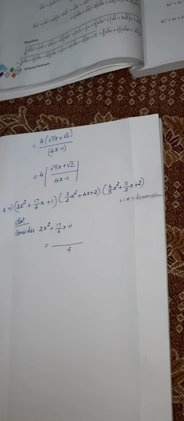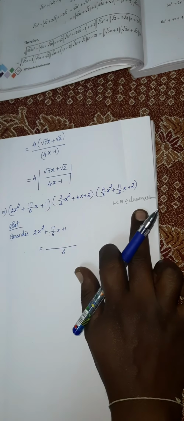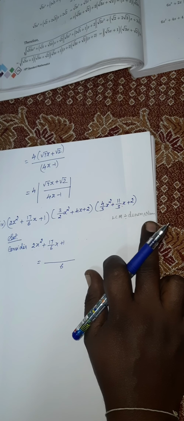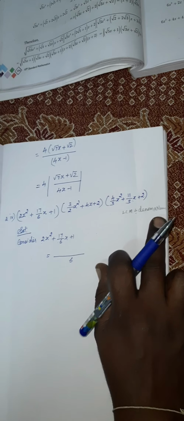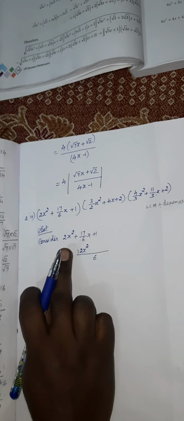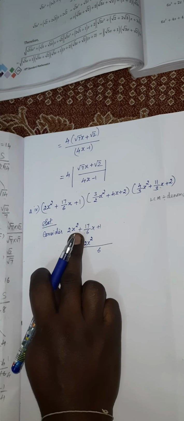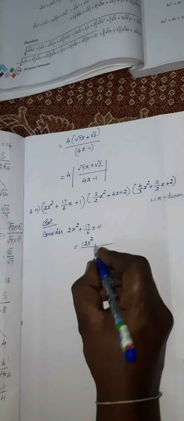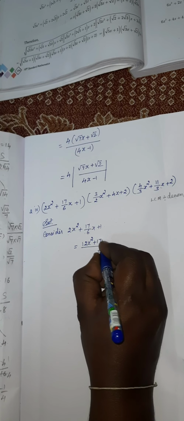That is the rule. Understood? So here you will get 12x². Then for the second term, 17/6 x, since the denominators are the same, no change in the numerator, so 17x.